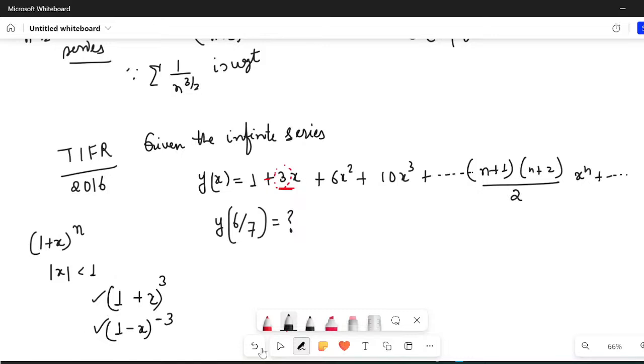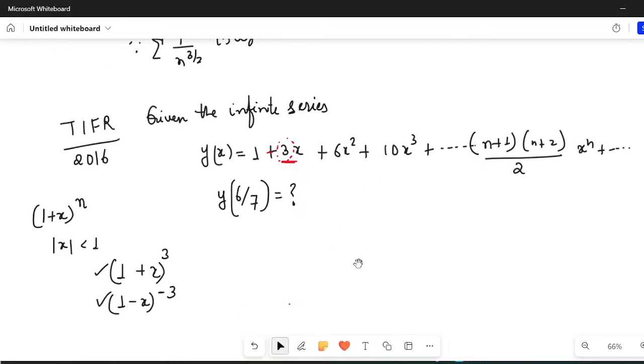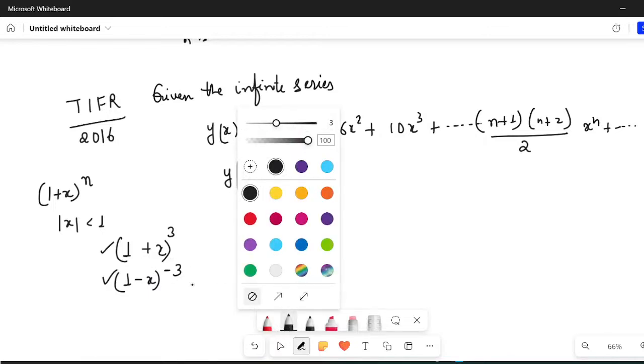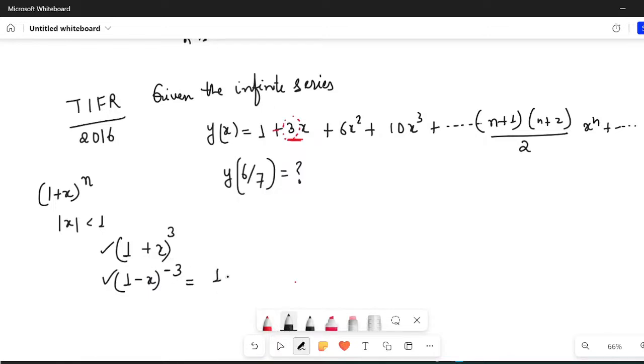Okay, now let us expand both of them and see which of the following you'll get. So we'll expand both of them. Let us say I'm expanding this. So what I will get, 1 plus 3x, then, you remember now the formula.